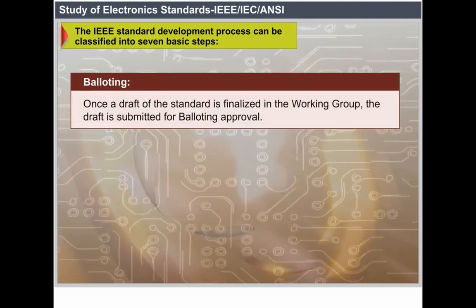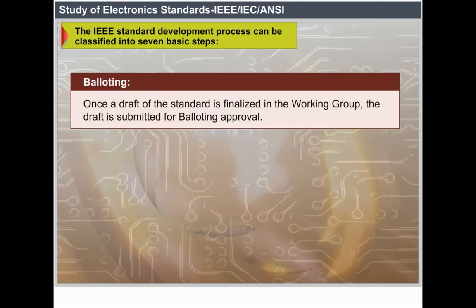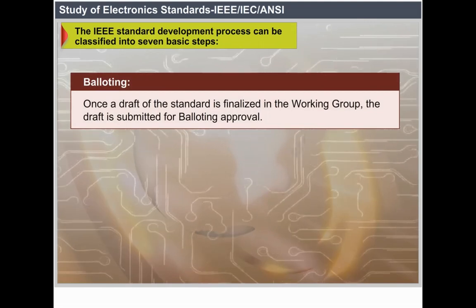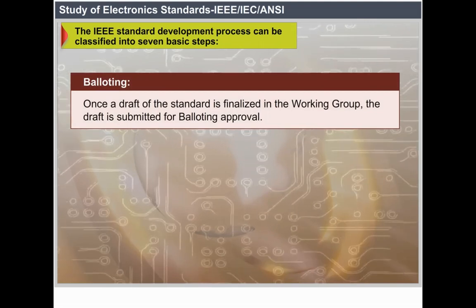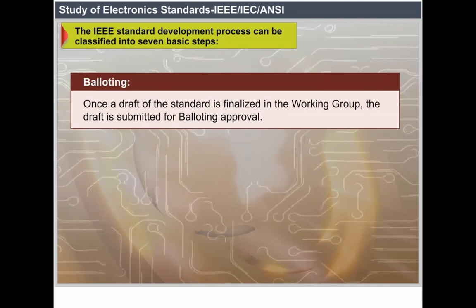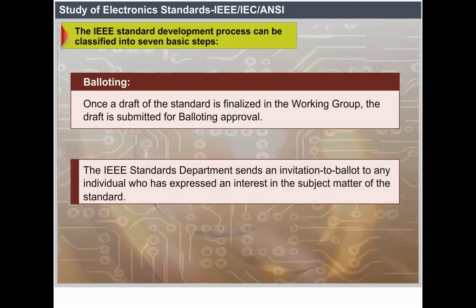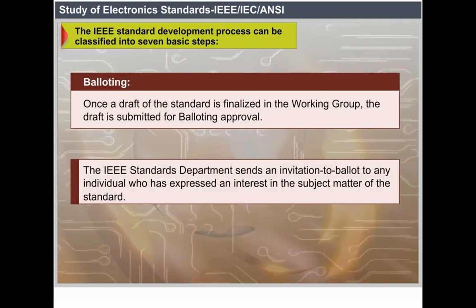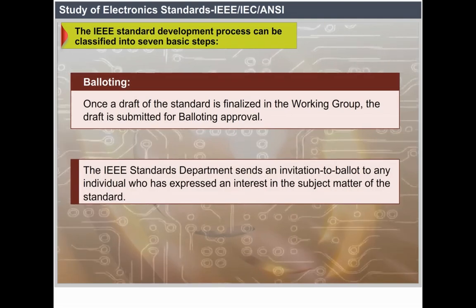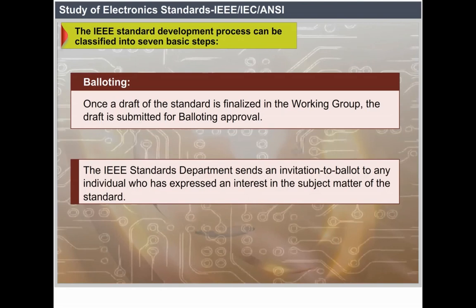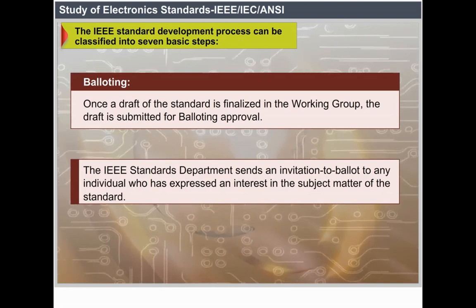Balloting. Once a draft of the standard is finalized in the working group, the draft is submitted for balloting approval. The IEEE Standards Department sends an invitation to ballot to any individual who has expressed an interest in the subject matter of the standard.